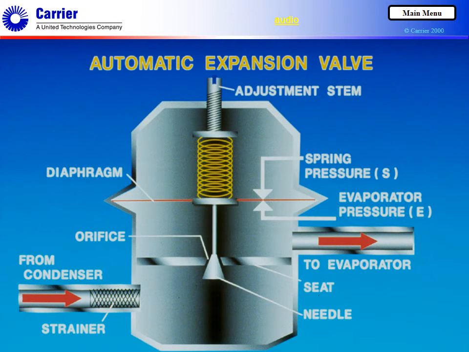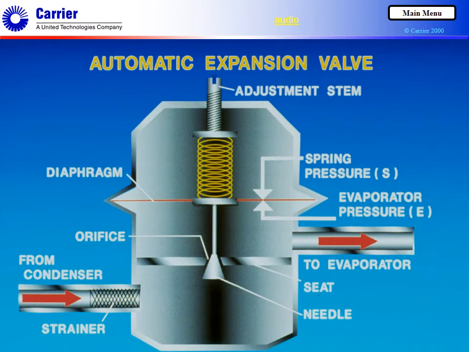An automatic expansion valve has a diaphragm which has a needle and seat below it and a spring with a tension-adjusting screw above it. A fine mesh strainer usually is included at the inlet to the valve, as shown on this schematic diagram. It prevents any debris in the refrigerant from blocking the small passageway through the orifice.